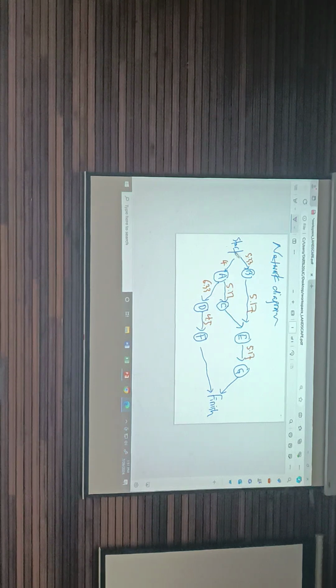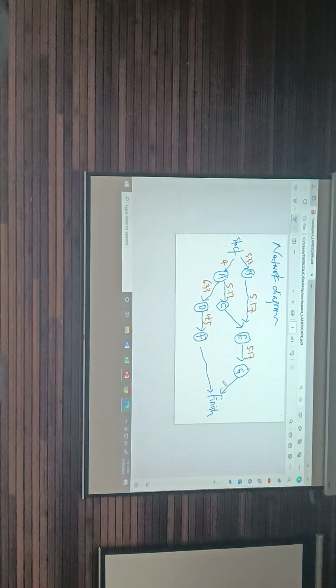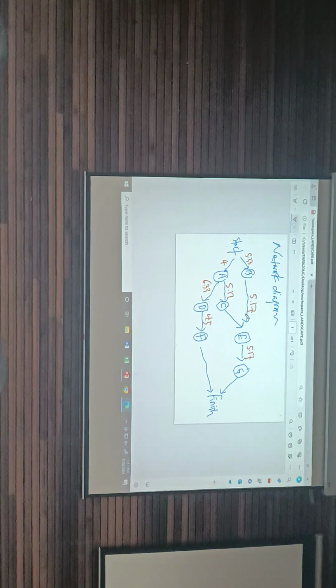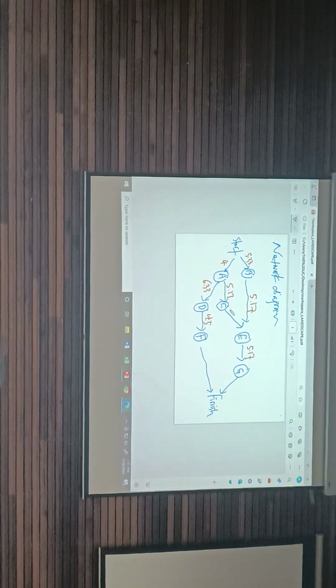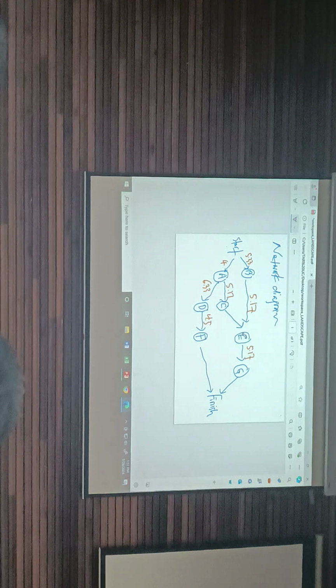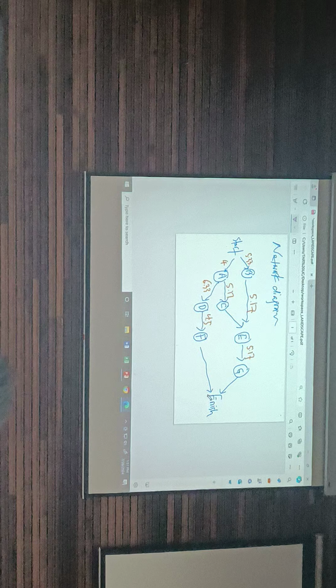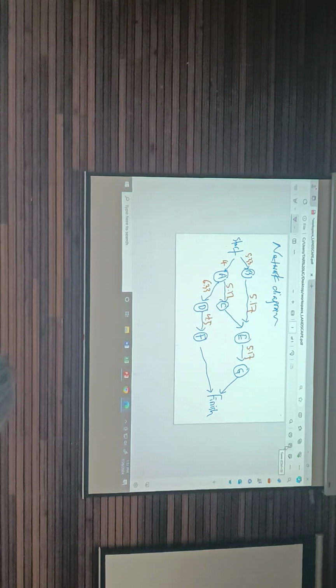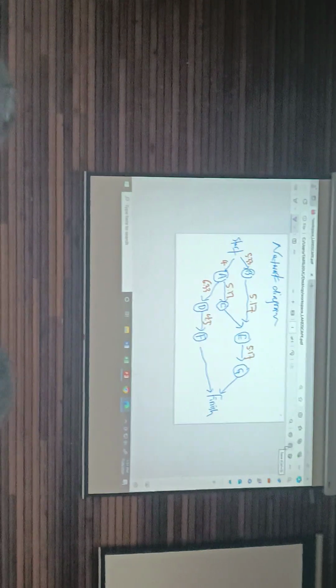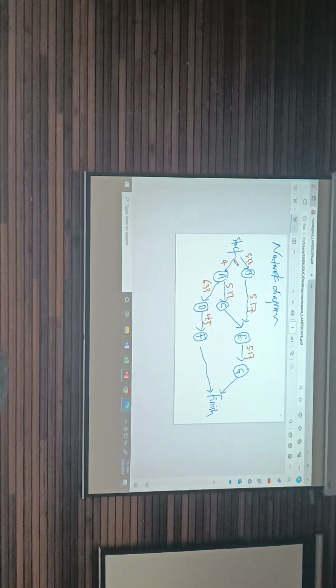So here you can see one path from start to finish, another path from start to finish, and a third path from start to finish. So the critical path is this.